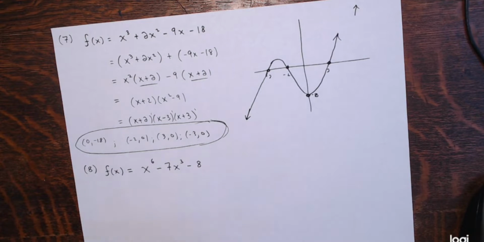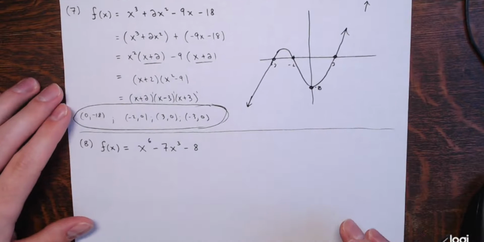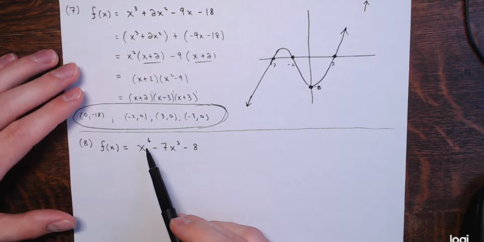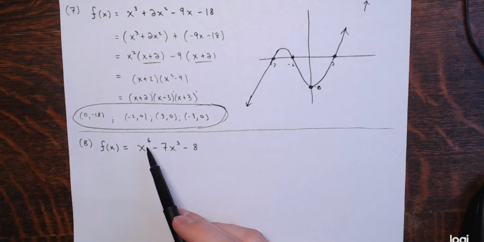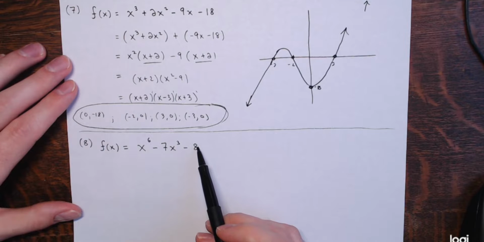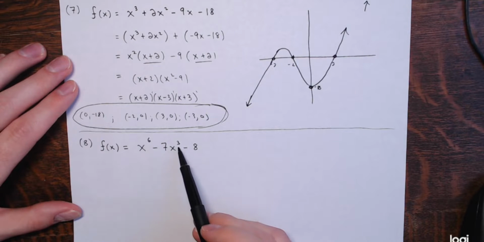Then example 8. Same stuff. Now, this is a degree 6 polynomial, but you may recall from previous videos, it's been a while, but factoring. This is like a quadratic. See the power on the first term is 6, which is twice the power on the middle term, right?